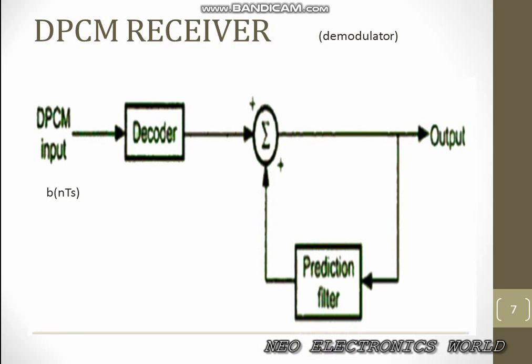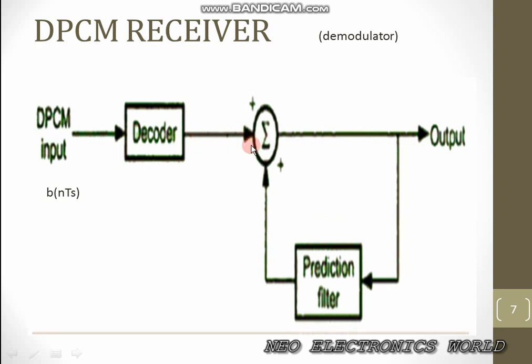There is an LPF at the output. Here there will be an LPF, that is a low pass filter, and this low pass filter will produce an analog signal. We have produced a digital signal.